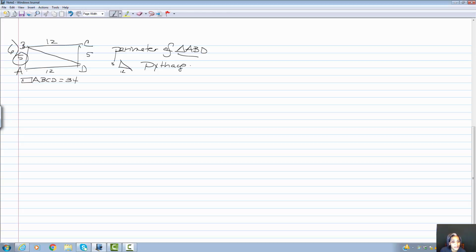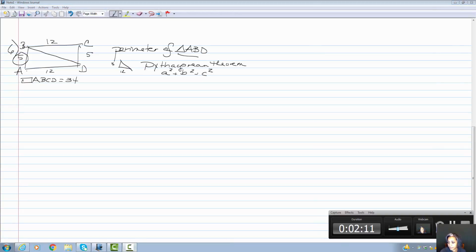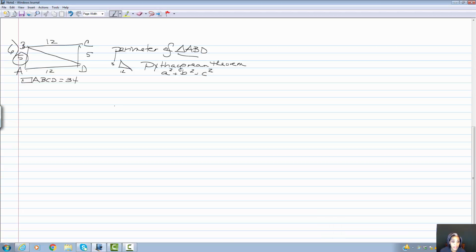The Pythagorean theorem says that a squared plus b squared is equal to c squared.